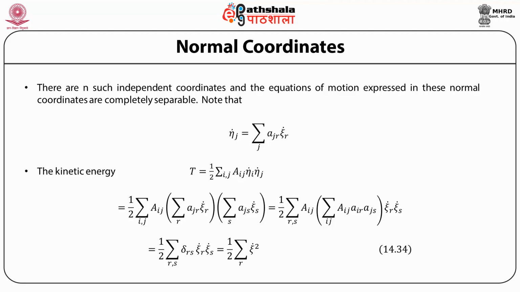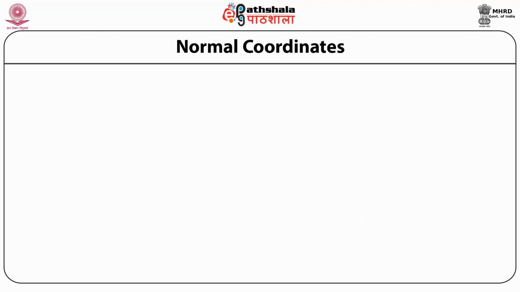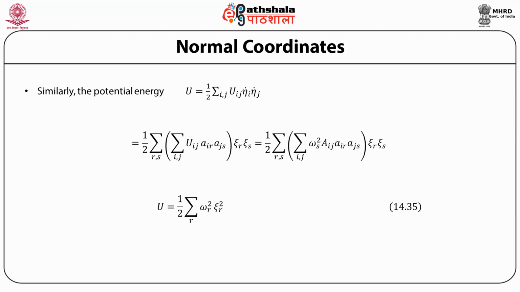Substituting the expression for eta_i in terms of normal coordinates into the kinetic energy, and using the orthonormal property, the kinetic energy can be written as half times sum over r of xi_r dot squared. Similarly, the potential energy also can be diagonalized, and can be written in terms of xi_r as half sum over r of omega_r squared xi_r squared.